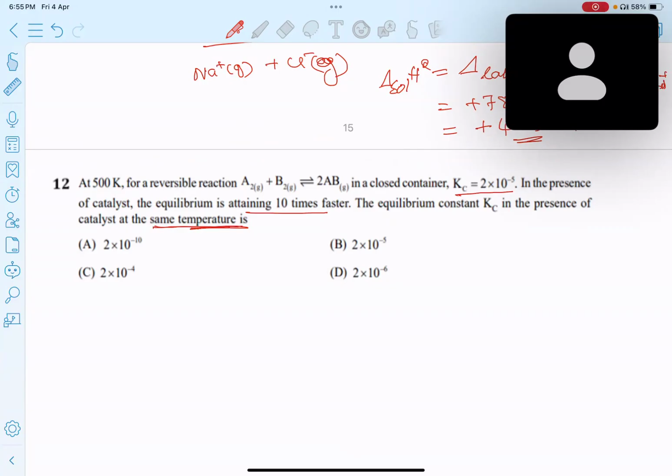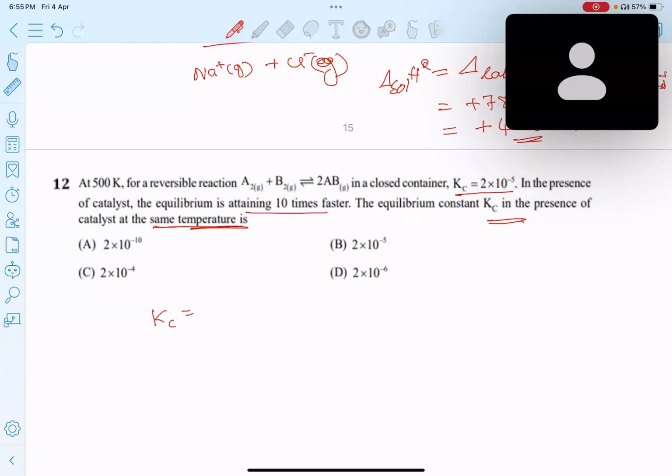So at 500 Kelvin, a reversible reaction takes place in a closed container, and the equilibrium constant is given, that is 2 into 10 to the power minus 5. In the presence of a catalyst, the equilibrium is attained 10 times faster. So by using the catalyst, what happens to the equilibrium constant?